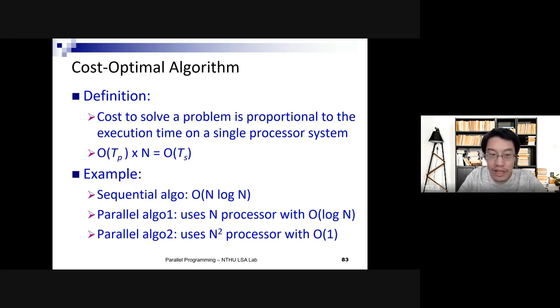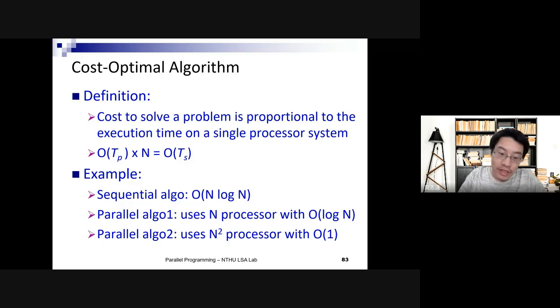My parallel program has a constant complexity. But in fact, if you multiply those two together, you will see n squared is higher than n log n. So the second parallel algorithm is not cost optimal. But if you just look at the time aspect, you will think it's a better algorithm.